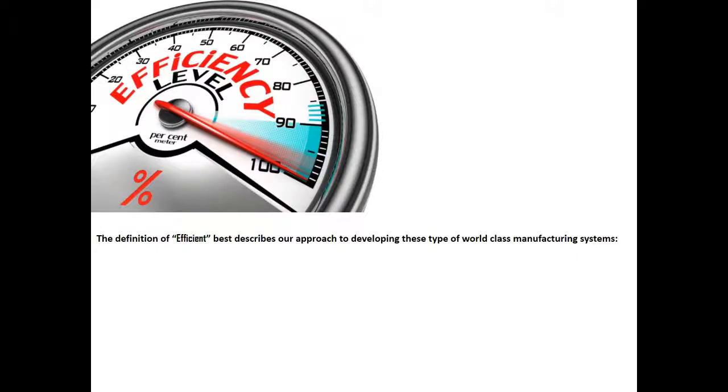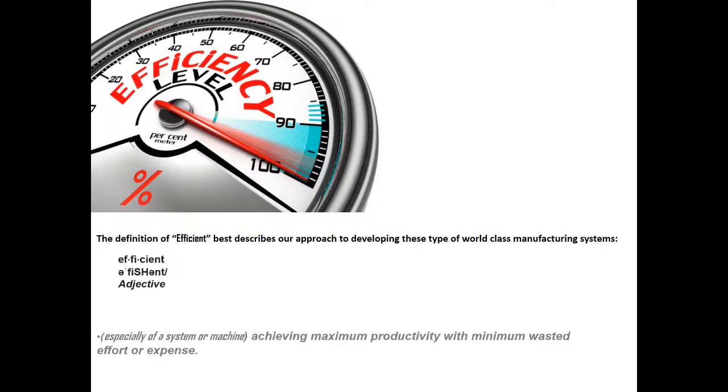So when we're talking about this, the definition of efficient best describes our approach to developing these type of world-class manufacturing systems. So efficient, especially of a system or machine, is achieving maximum productivity with minimum wasted effort or expense.